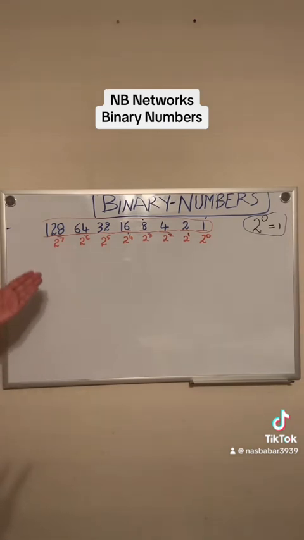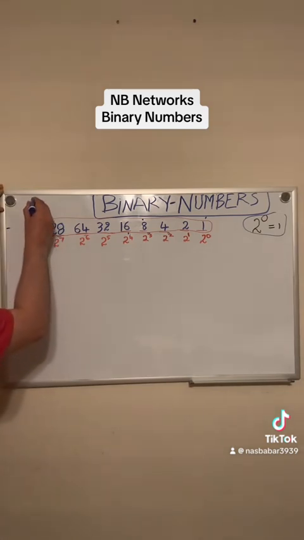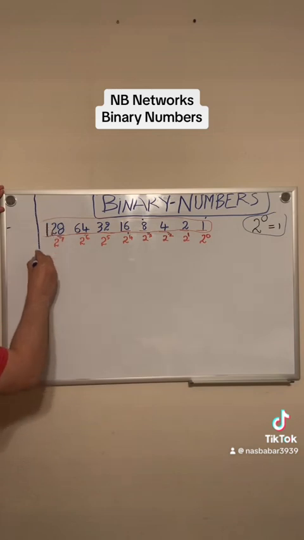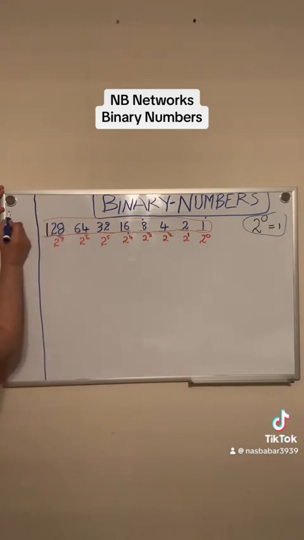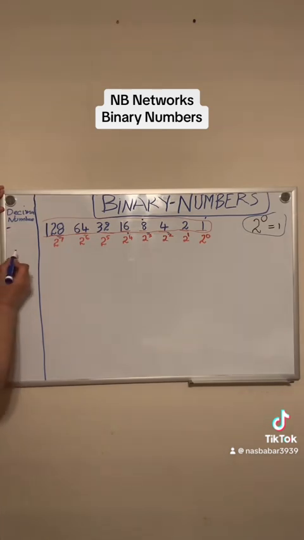So let's go ahead and do a live example. Let's make a column right here, and we say decimal numbers. Let's say the first decimal number, I want to find out what 0 is.